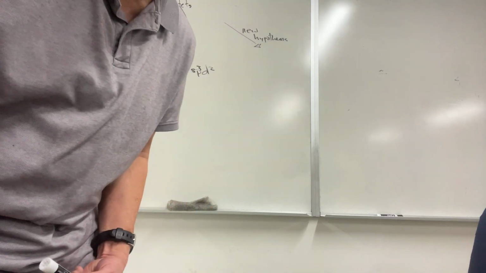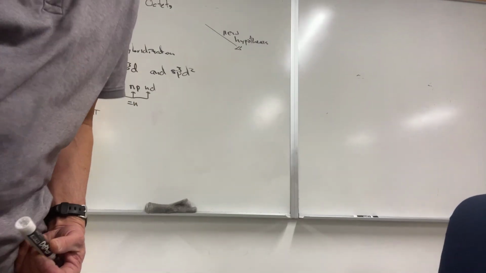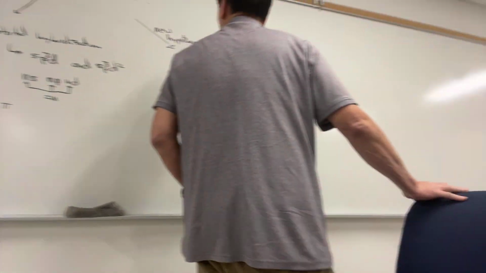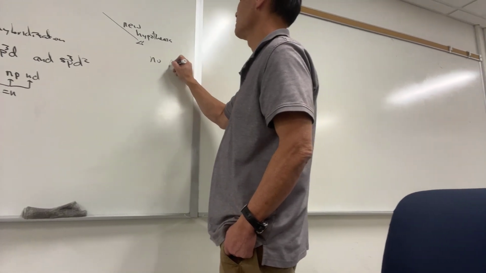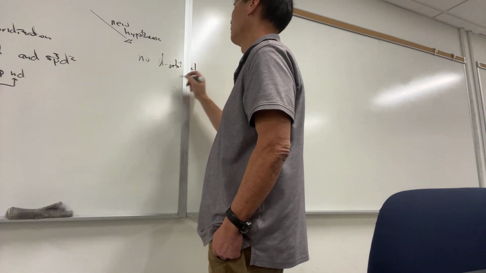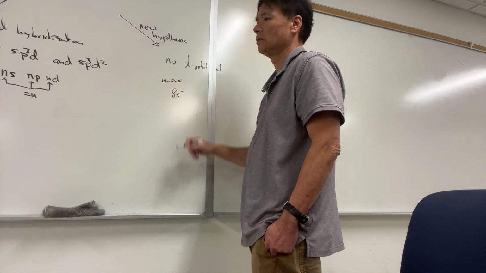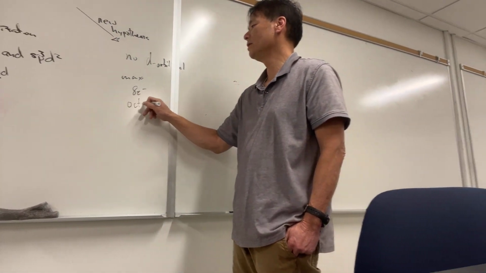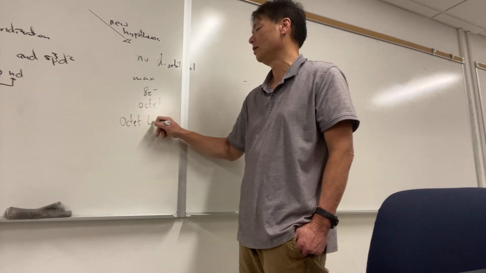Okay, let's see. So the new hypothesis is there's no d orbital participation. Max at 8 electrons, which is an octet. So we don't exceed an octet. This is why in class I call this the octet law rather than the octet rule.